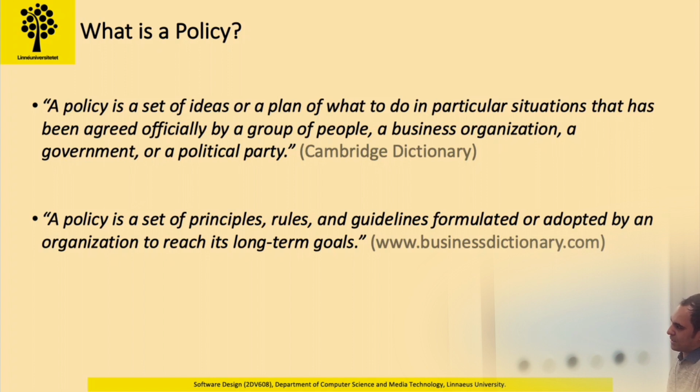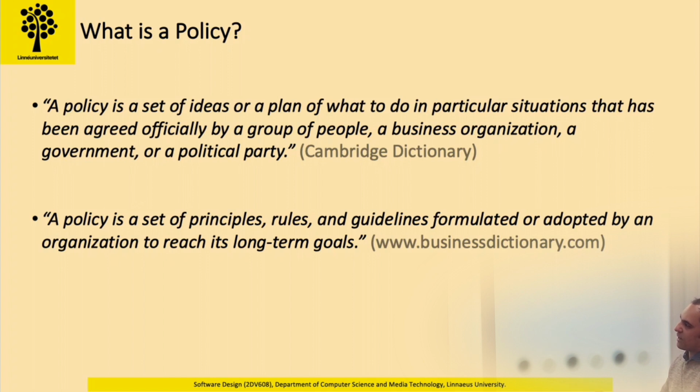So the Cambridge Dictionary defines policy as a set of ideas or a plan of what to do in particular situations that has been agreed officially by a group of people, or a business organization, or a political party. So the important factor here is a set of ideas or a plan of what to do.